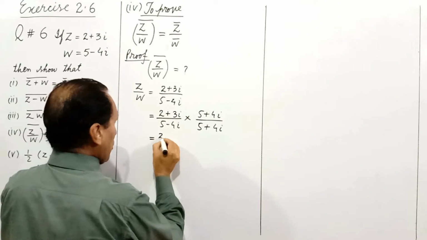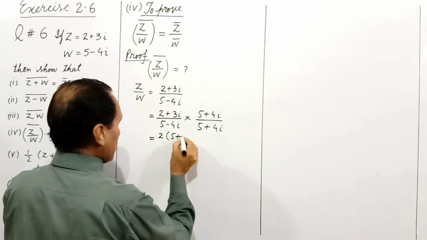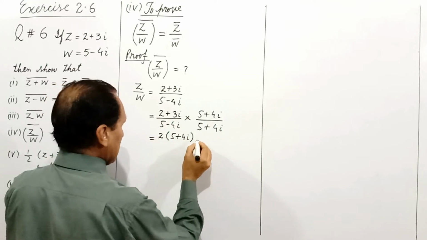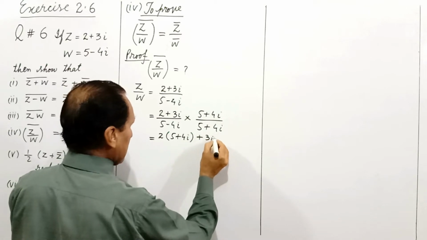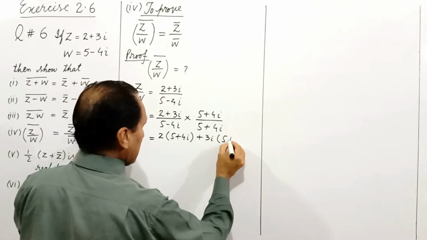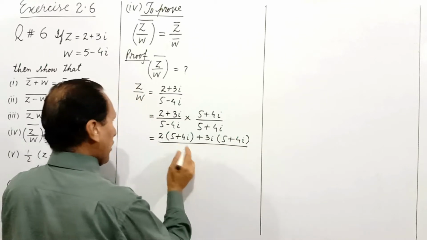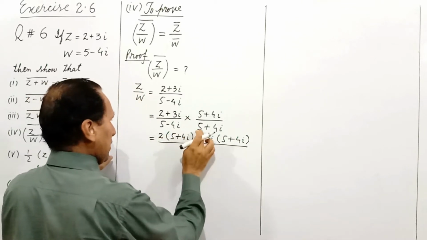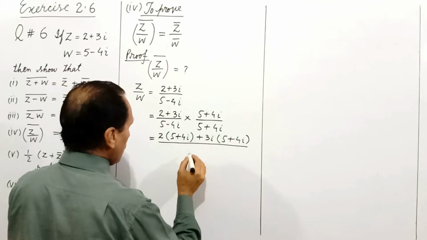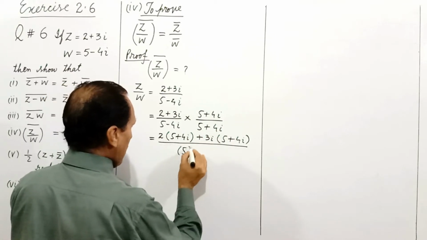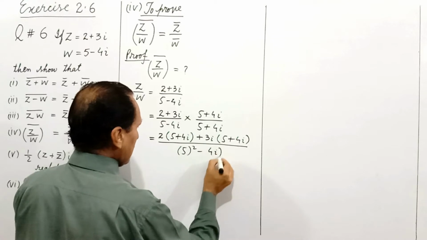Numerator is multiplied to numerator: 2 multiply 5 plus 4 iota, simple multiplication, plus 3 iota, 5 plus 4 iota, whole divided by, we apply the formula on the denominator: a minus b into a plus b is equal to a square minus b square.